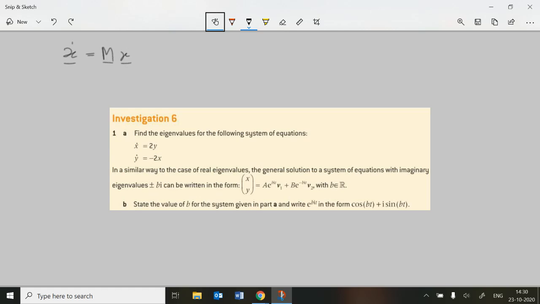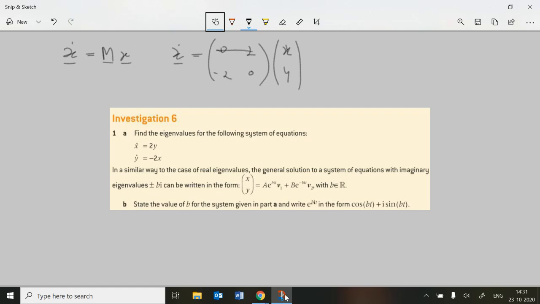The matrix in this case has 0 and 2, and -2 and 0. That's our matrix, which is applying to xy.